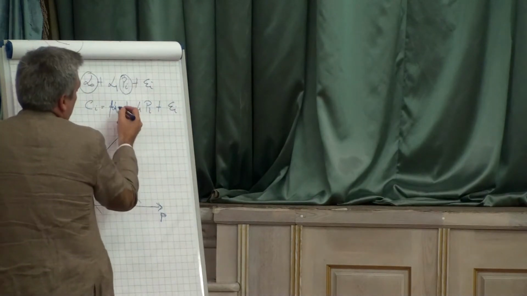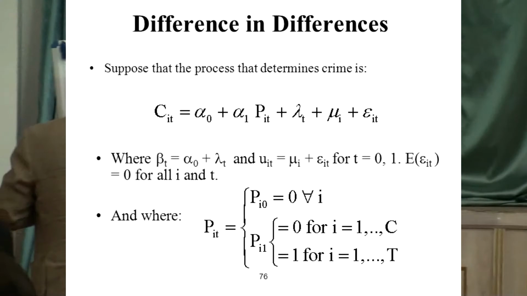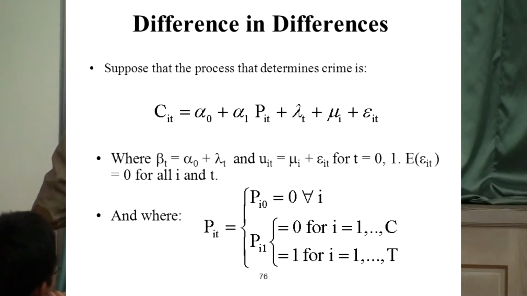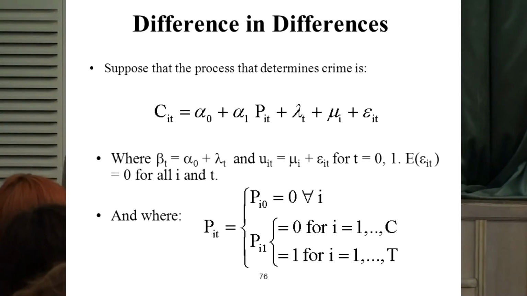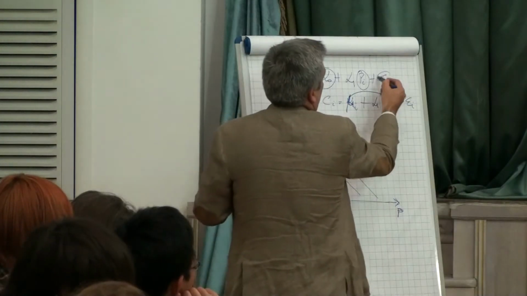So the correlation is between P and mu. You see? It's with the intercept.